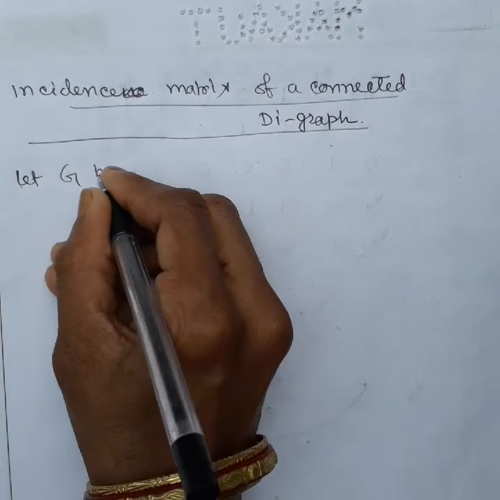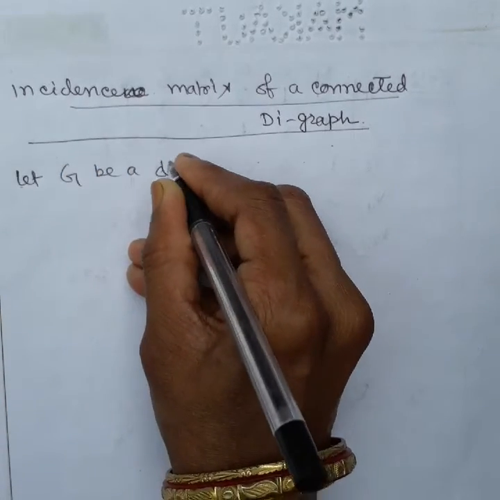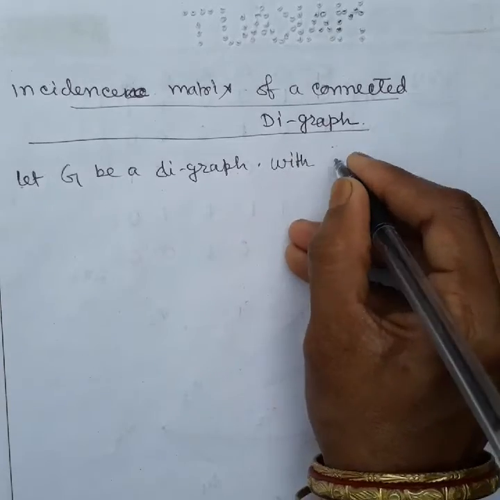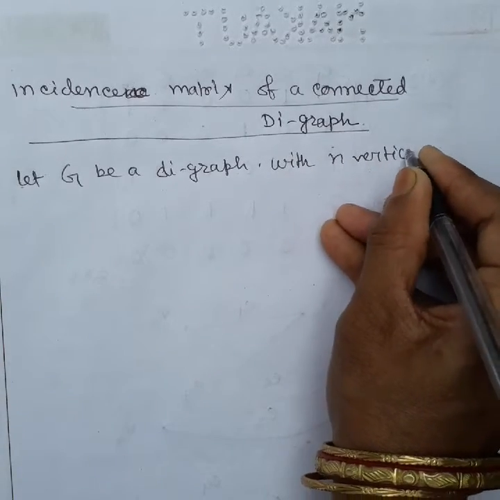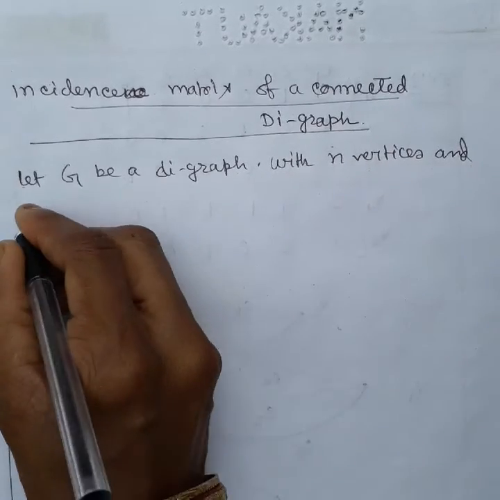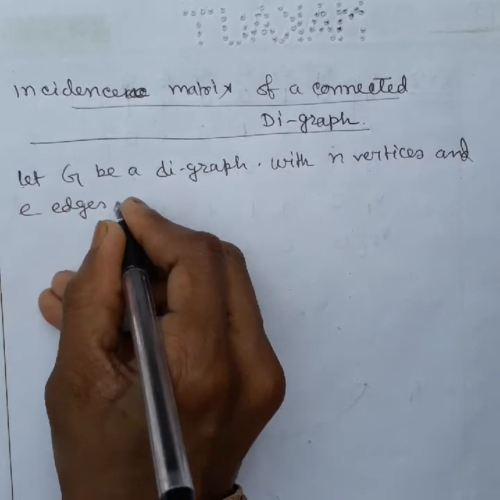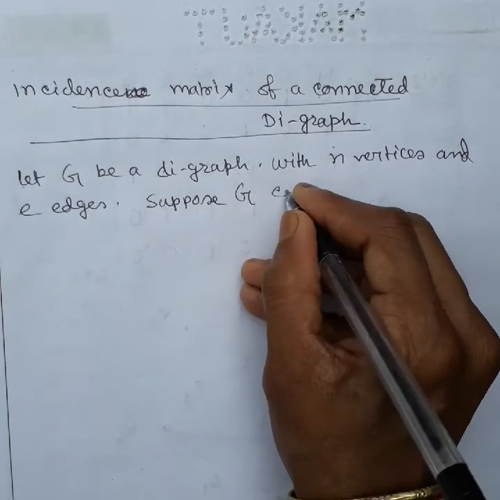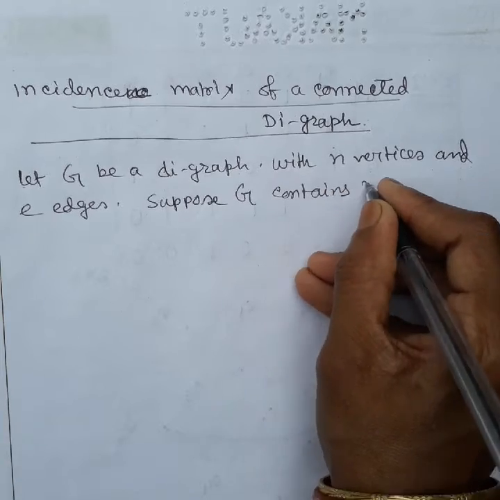Let G be a digraph with n vertices and e edges. Suppose G contains no self loop.